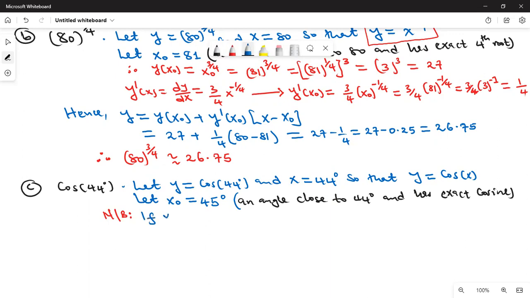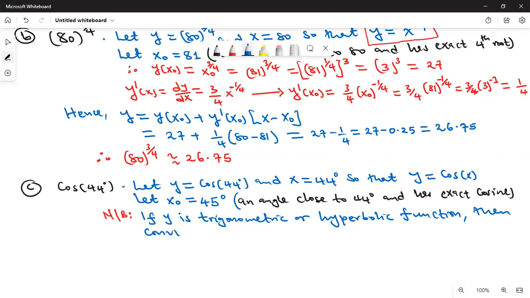If y is trigonometric or hyperbolic function, then convert x and x naught to radian. That's what is important here.